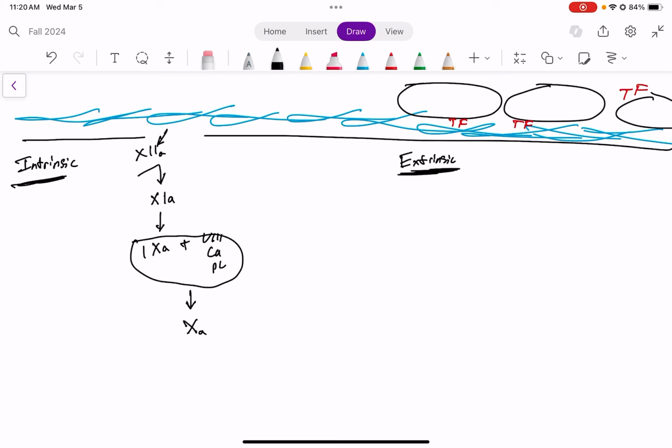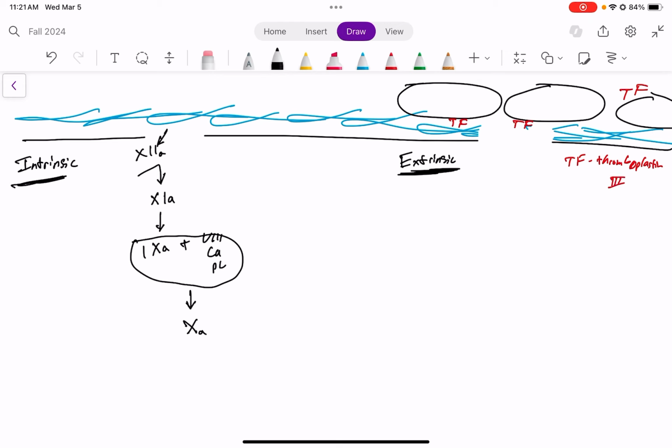The extrinsic pathway: if there's damage underneath the endothelial cells, there's also some other cells, connective tissue and things that have TF, which is tissue factor, or also known as thromboplastin. And that's also known as factor 3.